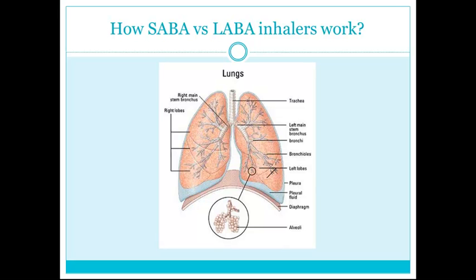How short-acting and long-acting inhalers work. They work by relaxing the rings in the trachea. Sometimes in asthma attacks, these rings will constrict, that smooth muscle in the trachea will constrict. And the bronchioles and bronchus will also constrict. So we'll give the short-acting beta-agonist to relax those rings and that smooth muscle in the trachea so the medication can reach the bronchus and the bronchioles.